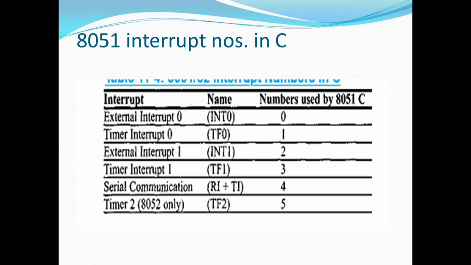Whenever you write the interrupt service routine, you have to mention this interrupt number, so that the controller will identify which type of interrupt is generated, and accordingly the control will be transferred to the interrupt service routine in the vector table.